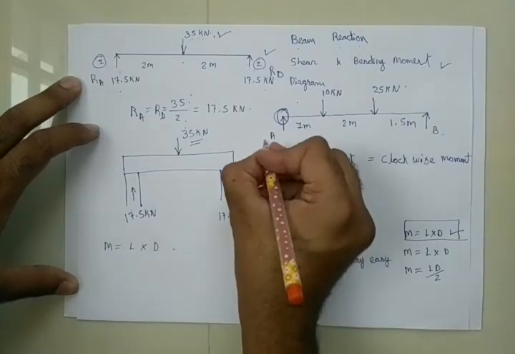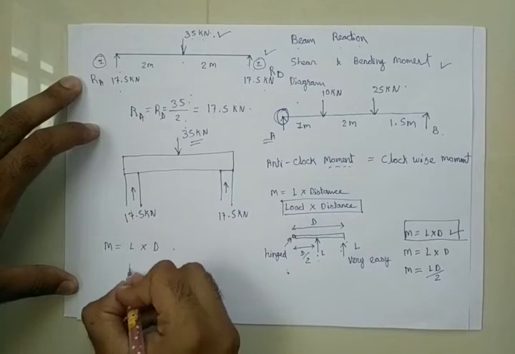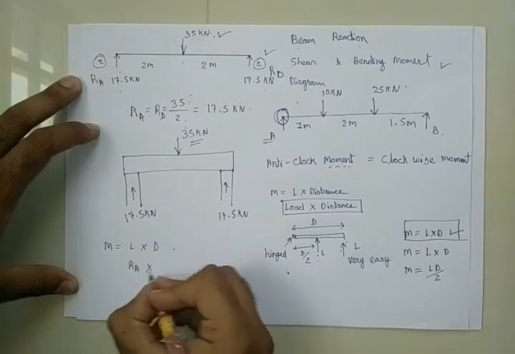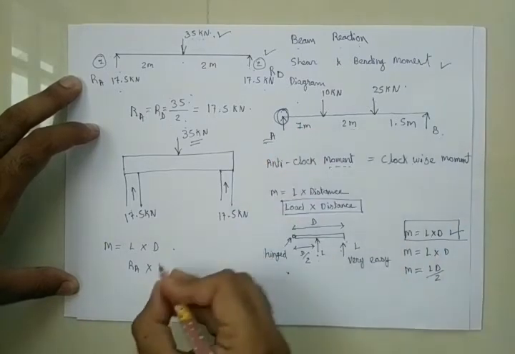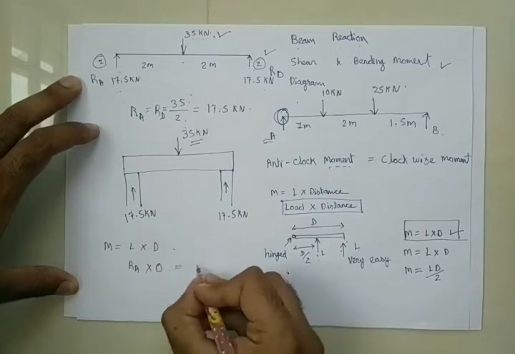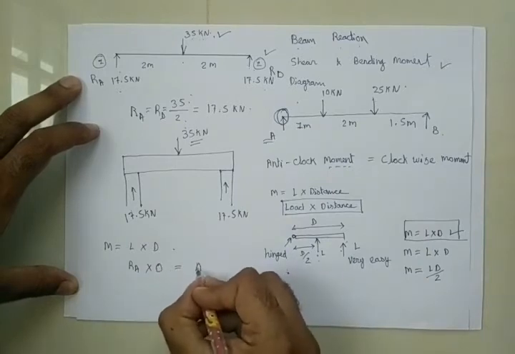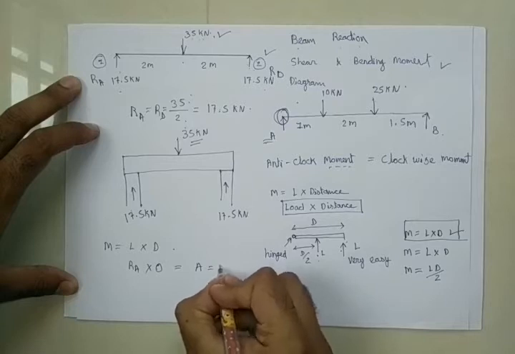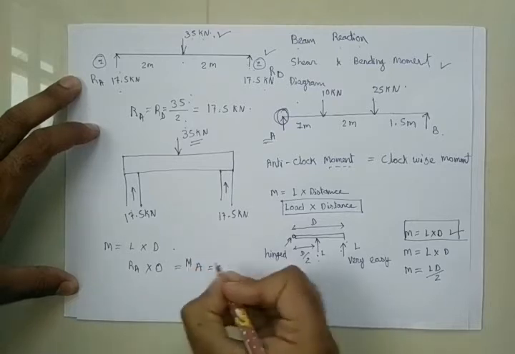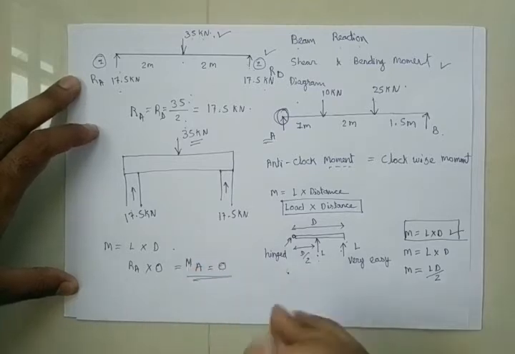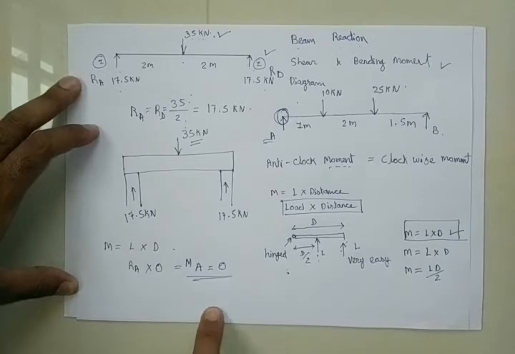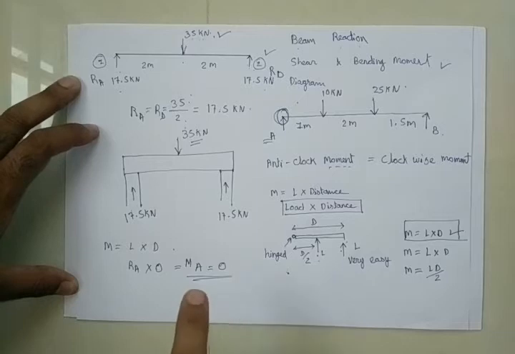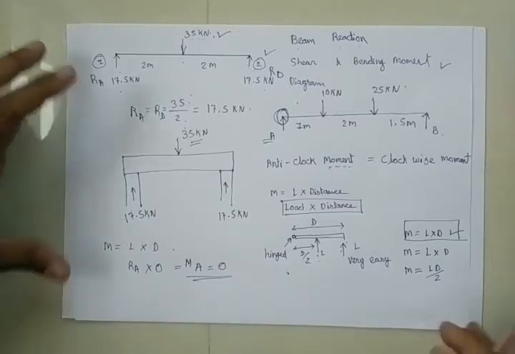Although this load is unknown to me, so I'll keep it as RA, but the distance is 0. So the moment at A will be 0. Thus, we don't take it in a calculation. The point which we take as a reference, we do not take it in a calculation.